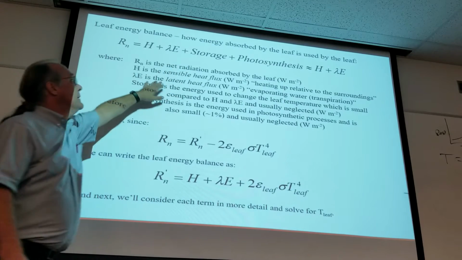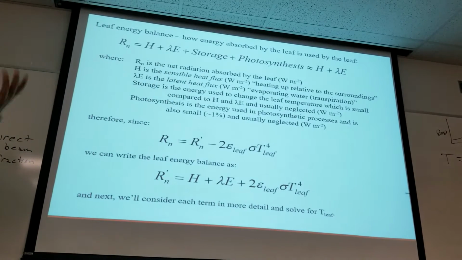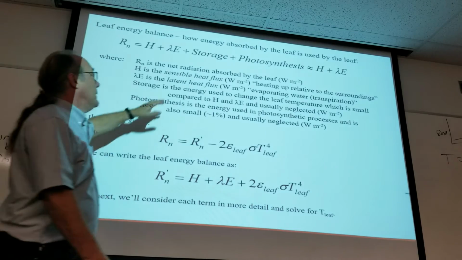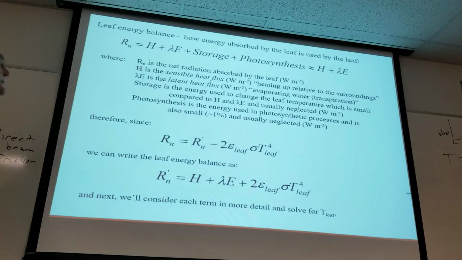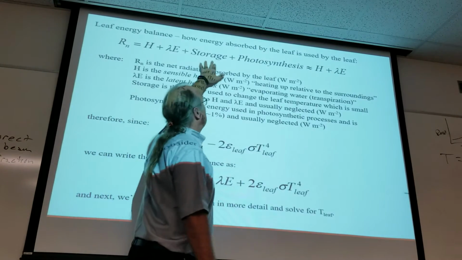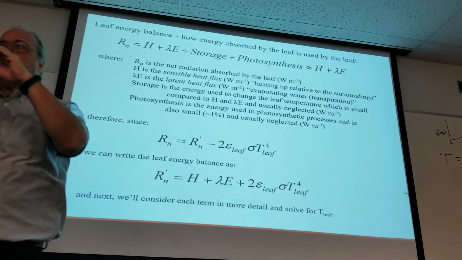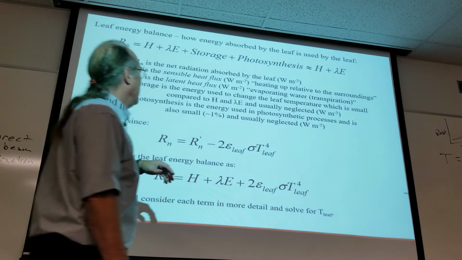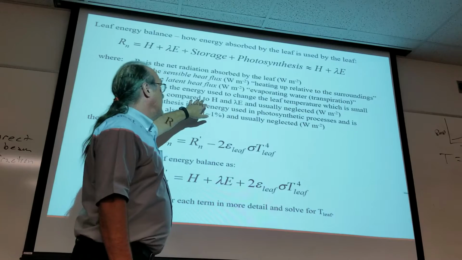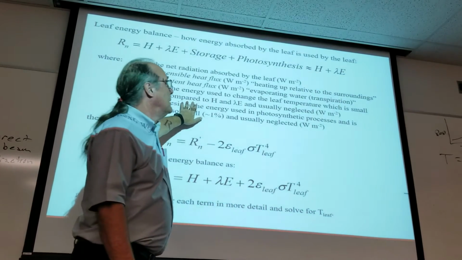Lambda E is the latent heat flux by evaporating water, and we just saw the Penman-Monteith equation. It's one way of expressing that. Storage term is due to changes in temperature within the leaf itself. So as the leaf temperature changes, some of that energy is stored in the leaf, and that's that term. That's a small value and usually neglected.